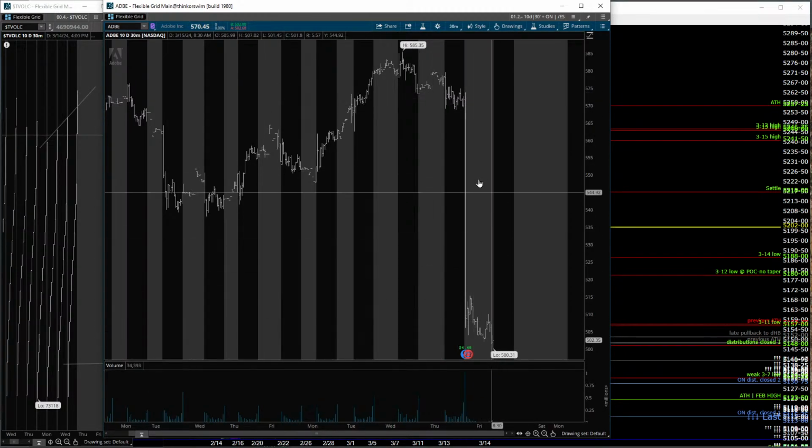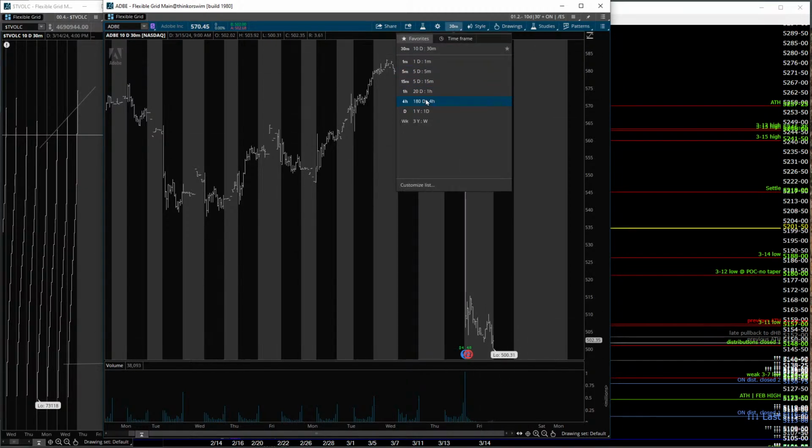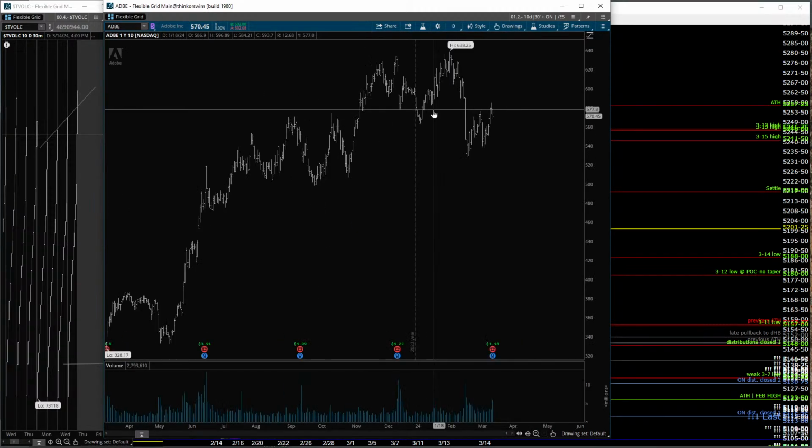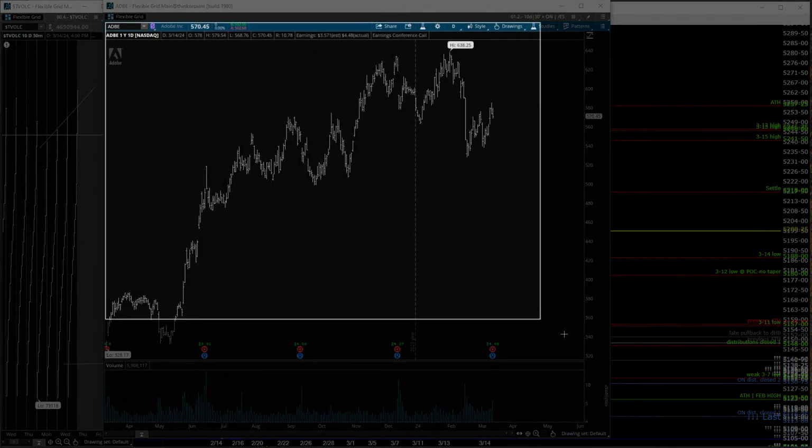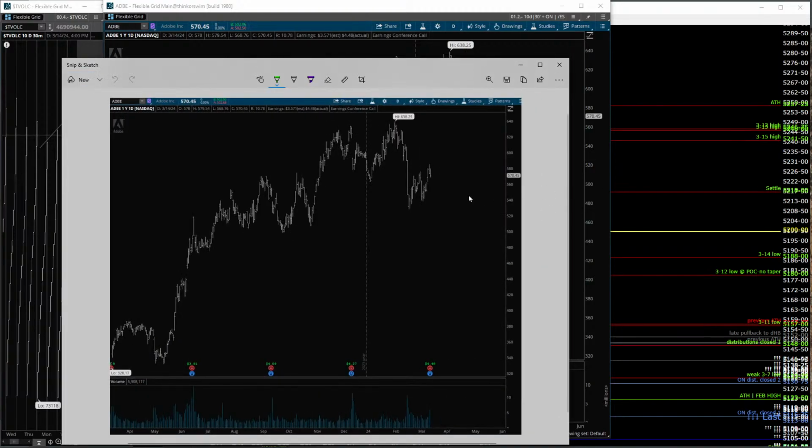They beat earnings. Look at this drop they have, all the way down to 500. Right? I don't know how much that is in percentage, but that drop in this stock will put this market down all the way to here, right?